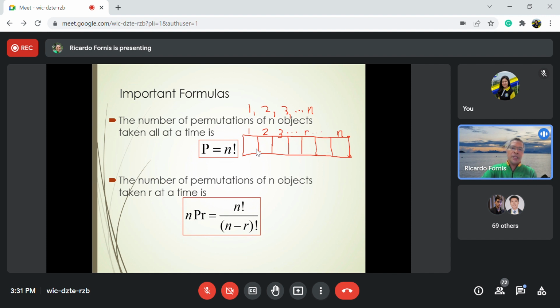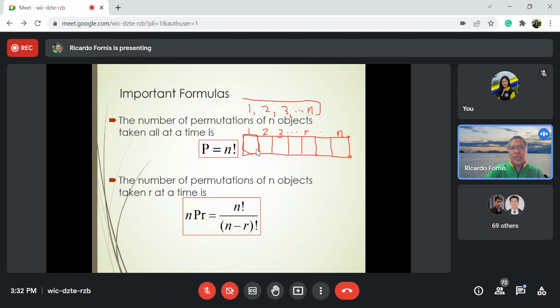According to the principle of counting, you determine the entire event in terms of sub-events. In the sub-events, you ask, in how many ways can you assign an object to the first box?